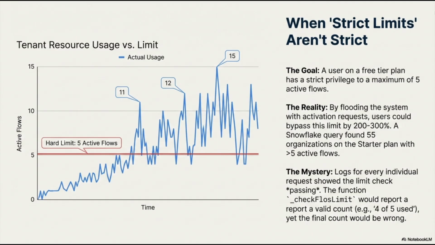So what was happening: before doing the activation, there was an enforcer check which checks how many flows this organization is allowed. They saw in the logs that every single flow had the same count, like 4 out of 5 used, so they still had one allowed.